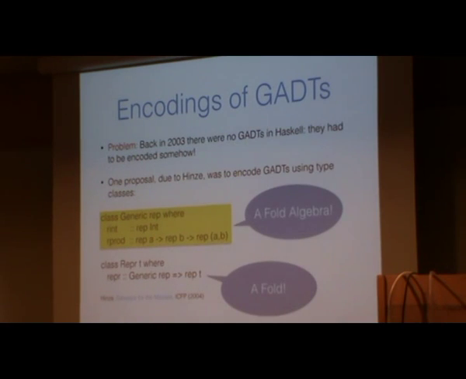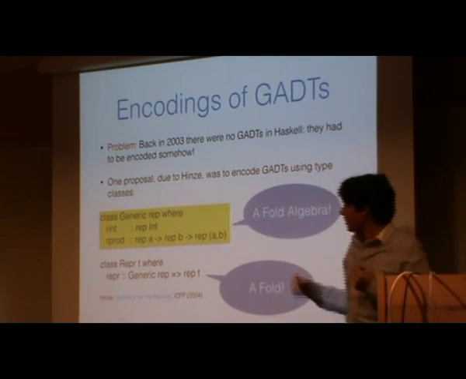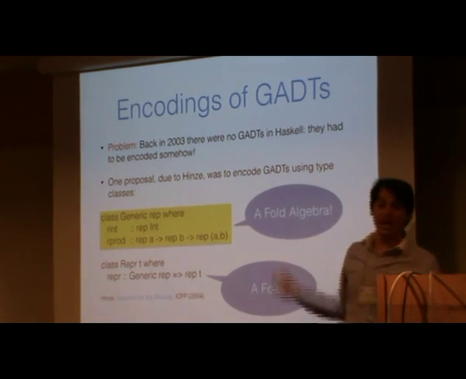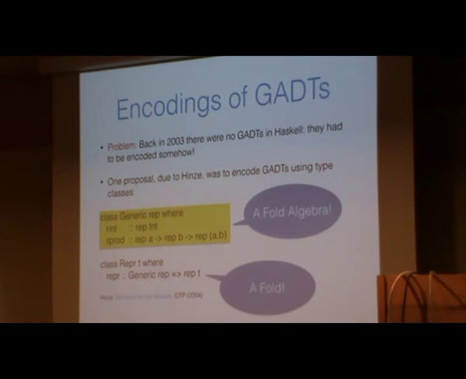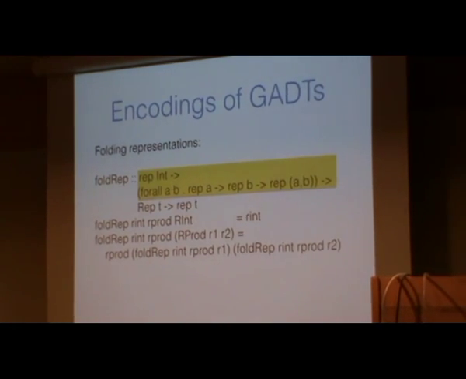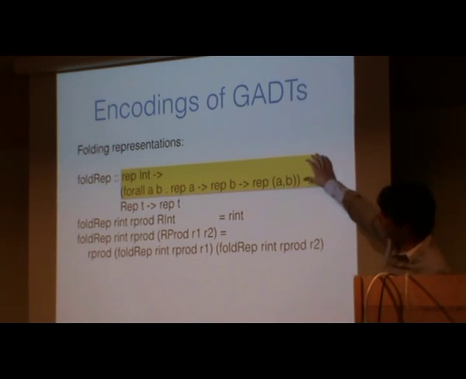So if you look here, you will see that there's a lot of similarities between this type and this type here. And the reason why they are similar is because this type class here is essentially capturing the default algebra of that particular data type. So if you actually would try to write the fold for that data type, you would have to write something like this.